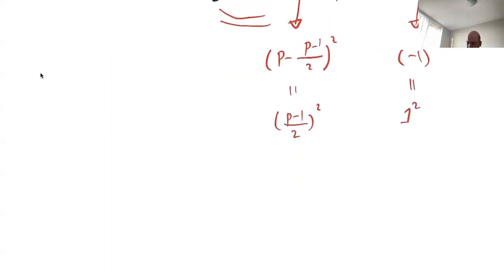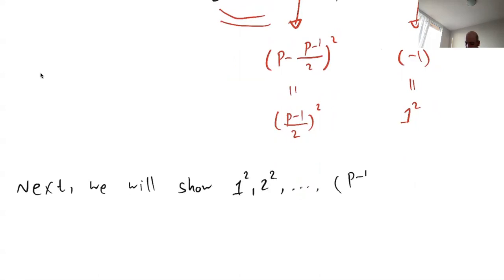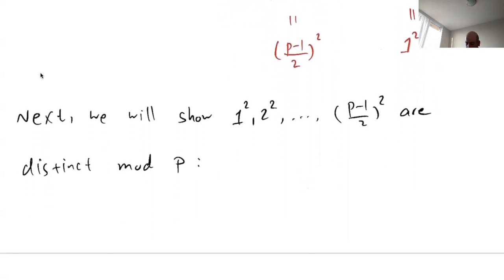So next, we will show that 1 squared and 2 squared all the way to ((p-1)/2) squared are distinct mod p. So if i squared equals j squared in Zp, or mod p, it doesn't matter how you write it, you can say they're equal in Zp or congruent or equal mod p.